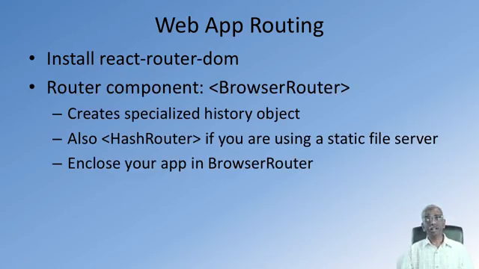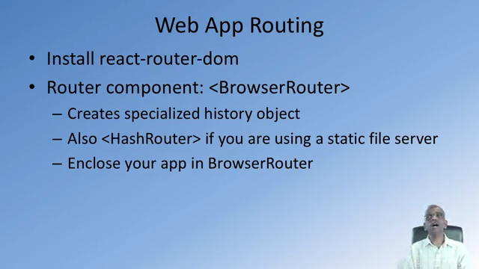And one of the router components is a browser router component. So this browser router component will be applied within one of our components in our application, and this enables the browser router to provide us with a specialized history object that enables us to navigate among the pages, just like the way we navigate among the various pages in a website.